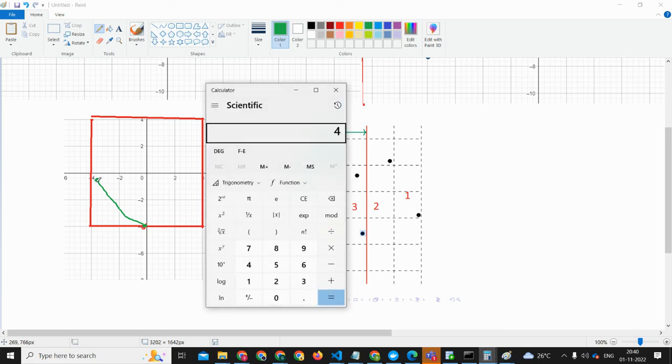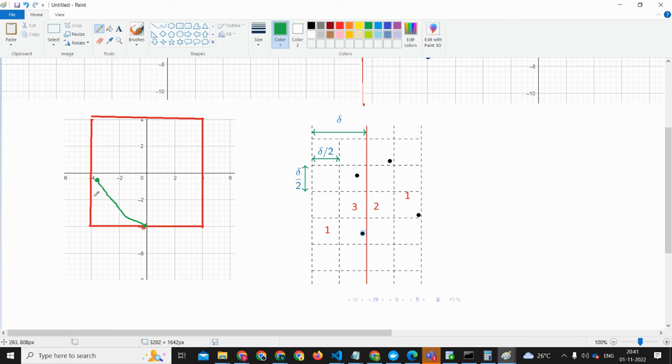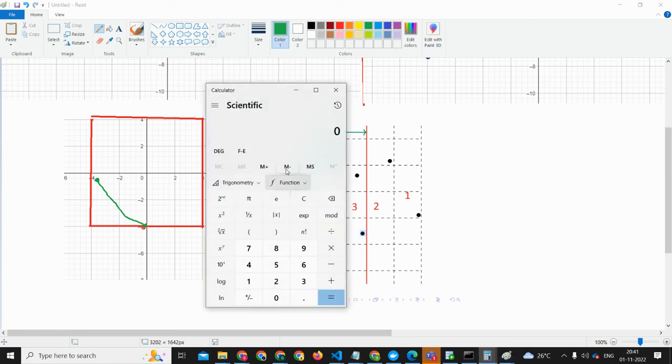Let's say delta is 4. 4 by root 2. Why is this going like that? Any number divided by delta is going to be longer than that, right? Yes or no? Let me give you a calculation.